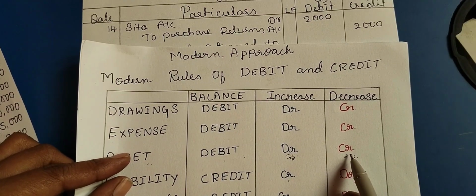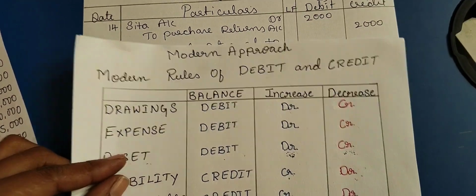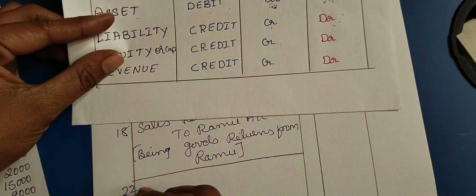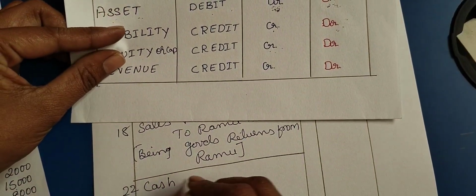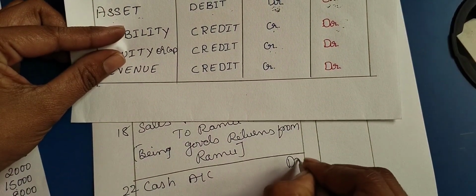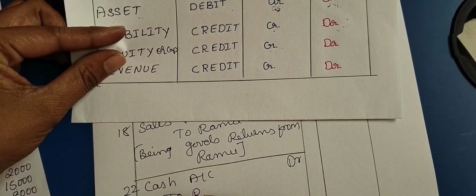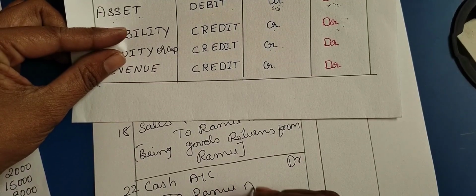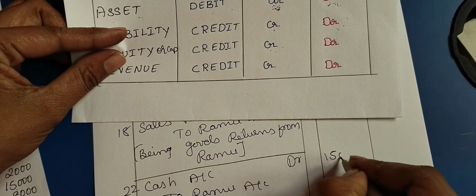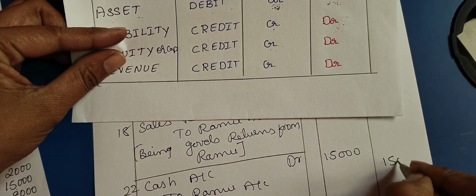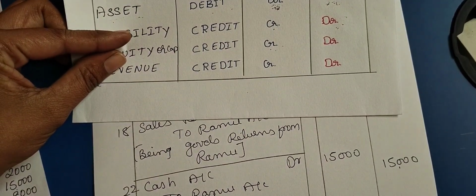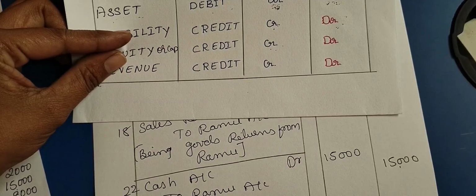So that's why we are crediting Ramu account. It is decreasing. Okay. Cash account debtor to Ramu account. Ramu account is 15,000, being cash received from Ramu.